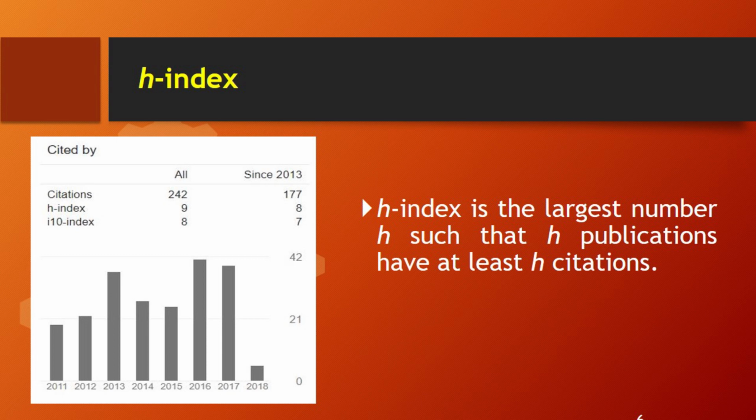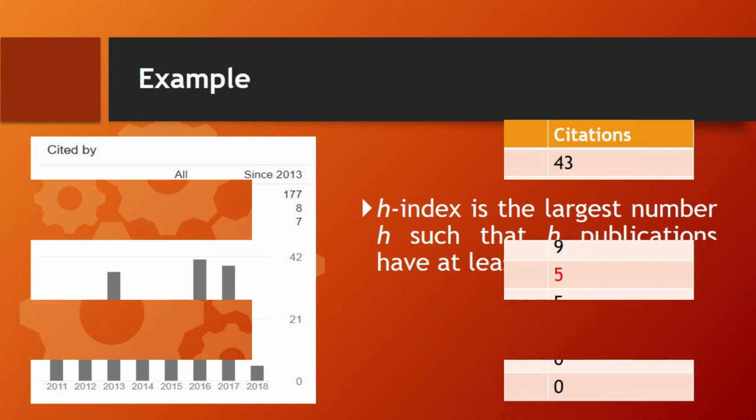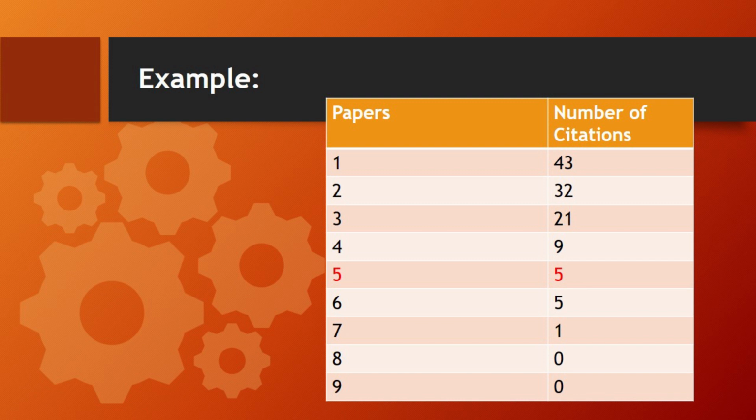For instance, if you have to calculate the H index of an author, you need to arrange the papers in descending order of the number of citations each paper has received, and then see the maximum number of papers having at least that many citations. In this given example, 5 papers have received at least 5 citations and the 6th paper has not received 6 citations. Therefore, the H index of this particular author is 5.